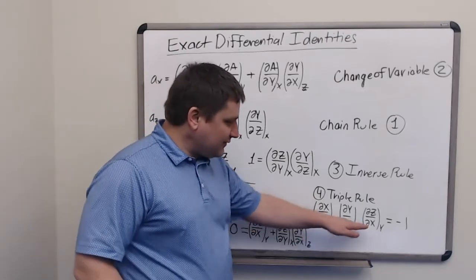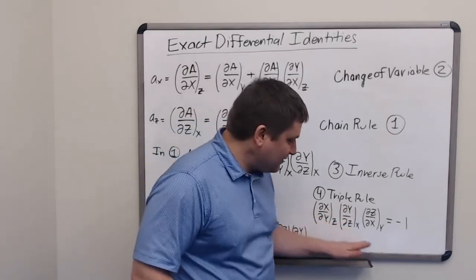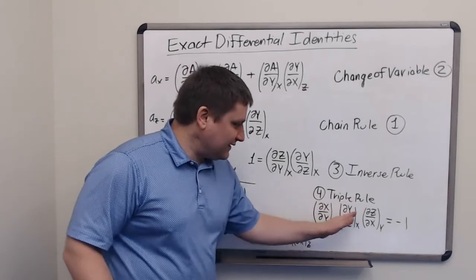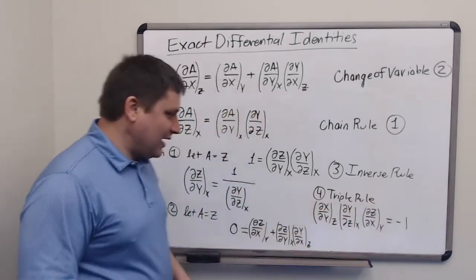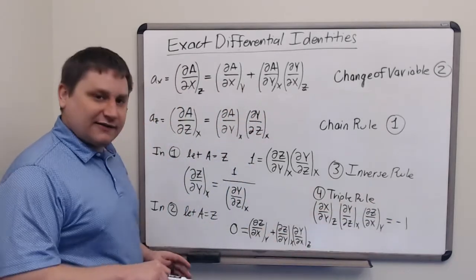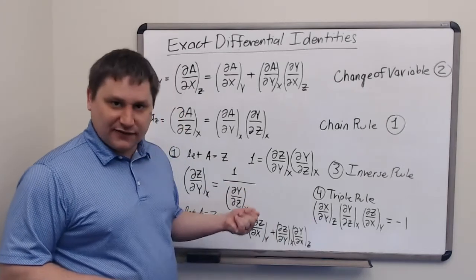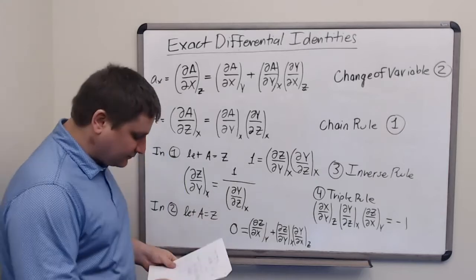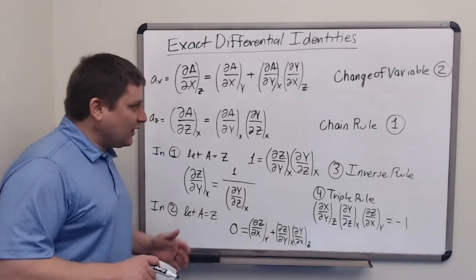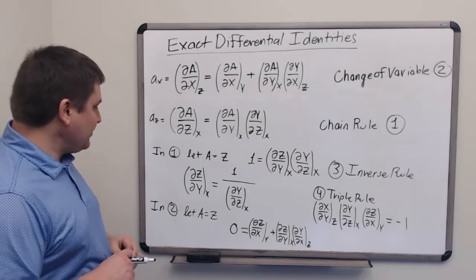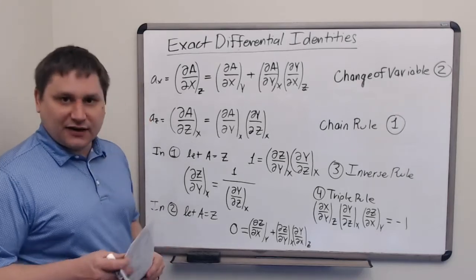So we write the product of these 3, and then we move these to the other side, maybe using the inverse rule to write these second 2 derivatives as negatives on the right side of the equation to eliminate the dx dy with z held constant that we didn't like. Okay, so those are the 4 identities that we'll use to relate these differentials to each other.